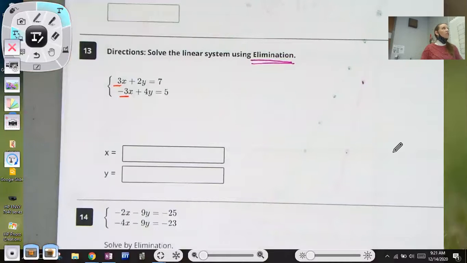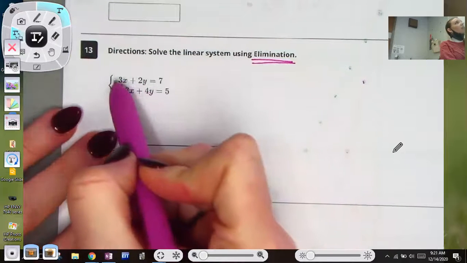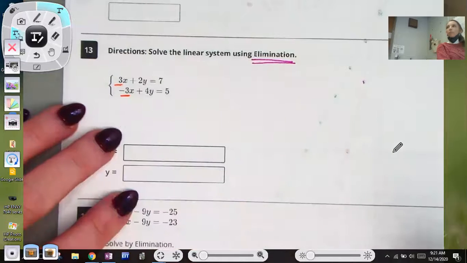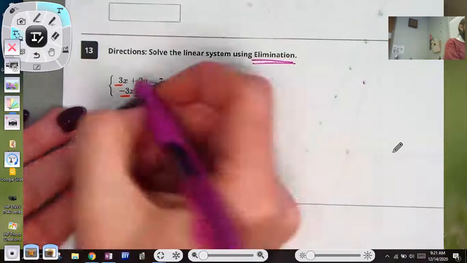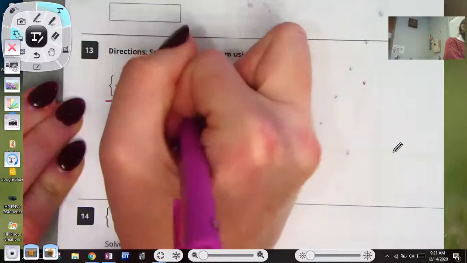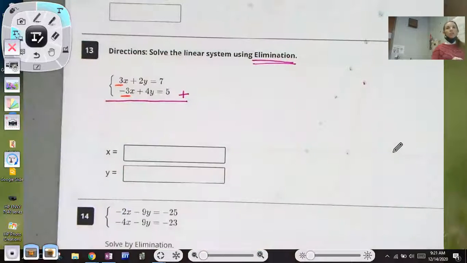Now, after we've checked to see if we have matching coefficients, we look at their signs. I have a positive 3 and a negative 3. Are those the same sign or opposite? They're opposite. So the rule is if signs are opposite, you add the 2 equations together. Opposite, add; same, subtract.